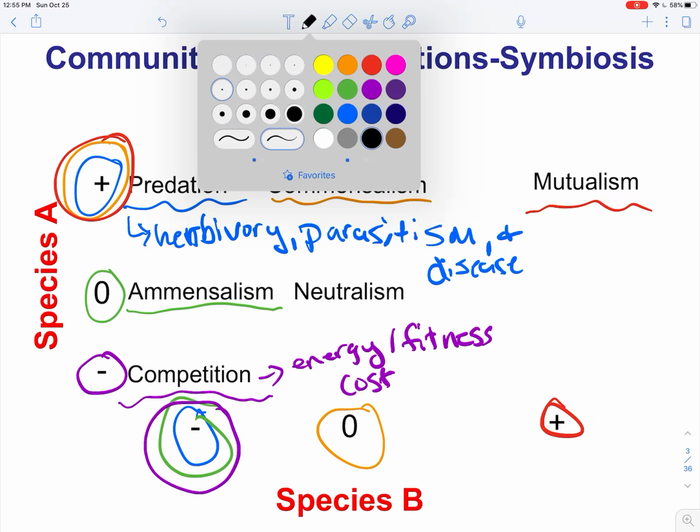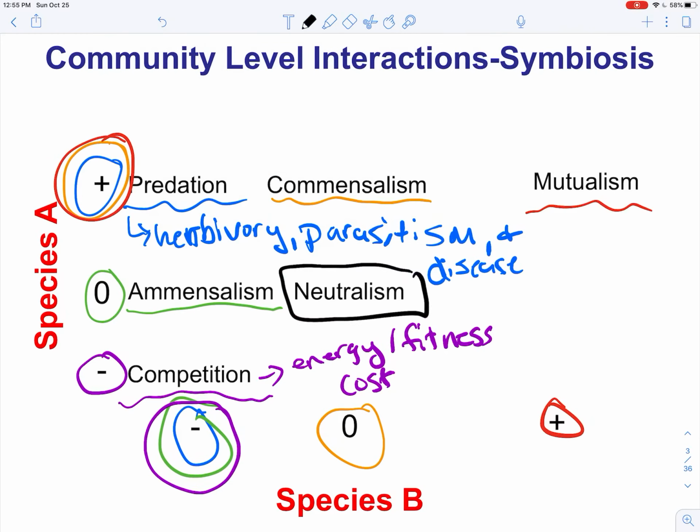And then lastly, before we move on, we have neutralism here in the middle, which is a theoretical type of interaction where you're seeing both species have no net gain or negative consequence from their interaction. Ultimately, if species are interacting, we would expect some sort of positive or negative consequence of their interactions.